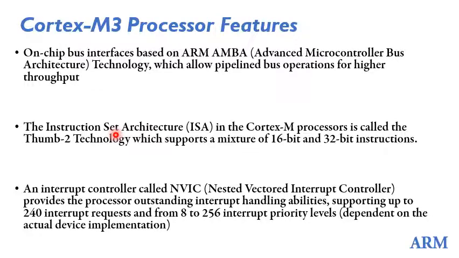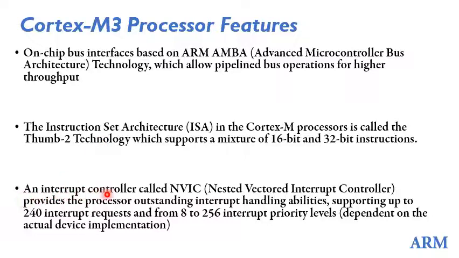But in Cortex M3, the Cortex M processors make use of thumb 2 technology. Here both the 16-bit instructions and 32-bit instructions are supported, whereas in earlier ARM processors it has to be changed from ARM state to thumb state to use a thumb instruction set, whereas in Cortex M processors this is not required. By default they will support both these types of instruction set.